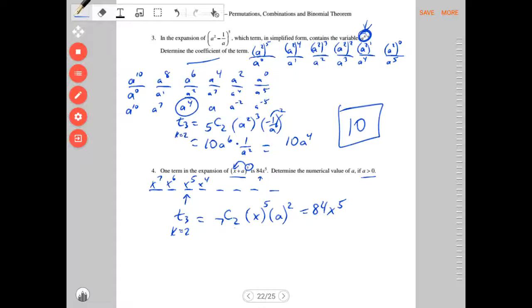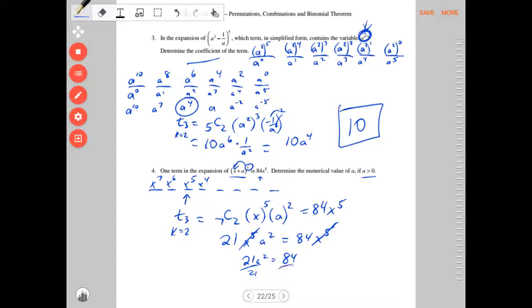Okay, so now we can do some algebra. 7 choose 2 just works out to 21. So 21x to the 5th a squared is supposed to be 84x to the 5th. Well, you can see there's an x to the 5th on both sides, so the x to the 5ths cancel. Nice. Okay, and then 21a squared equals 84.